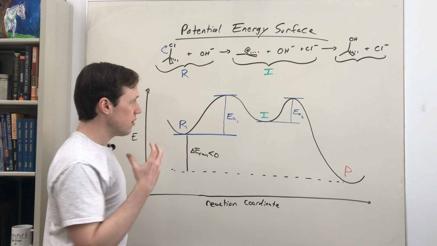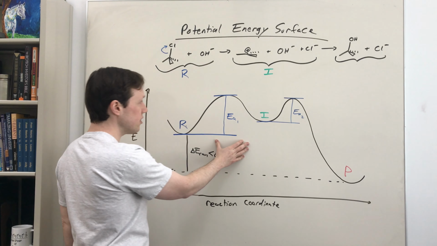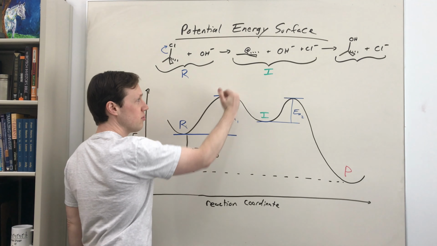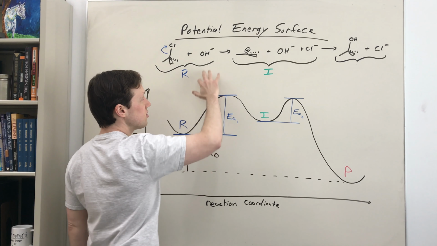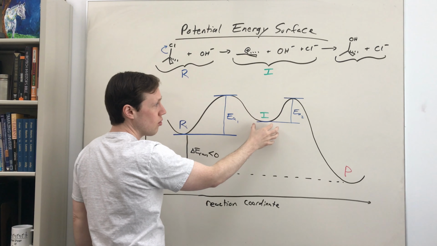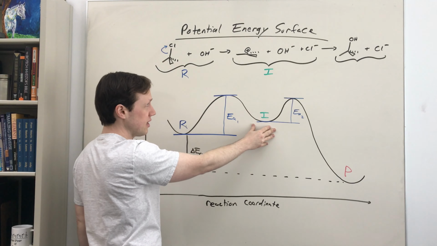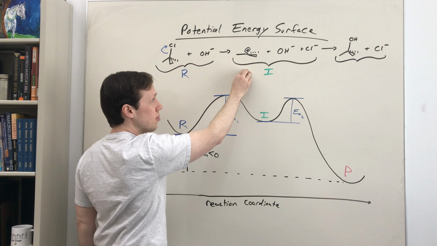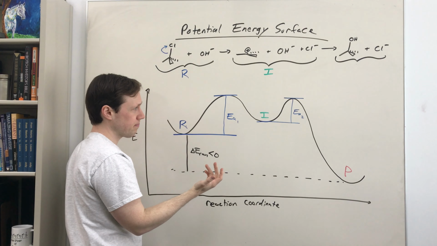Well, in our potential energy space, that is equivalent to a step with a very large activation energy. This is a difficult hill to climb over. After climbing that hill, we reach a set of intermediates. In this case, the carbocation, the chloride, and the hydroxide floating around.